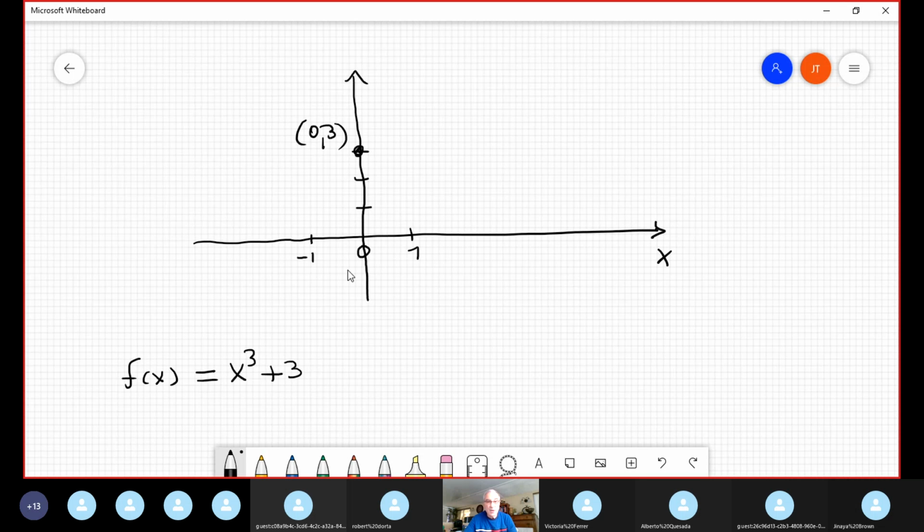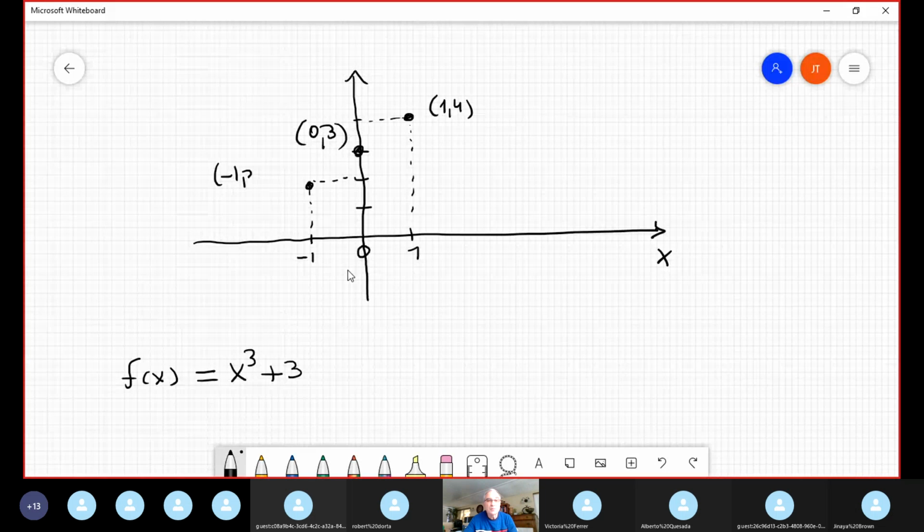And 1 cubed is 1, plus 3 is 4. So (1, 4). And -1 cubed is -1, because when the exponent is odd, the sign stays negative. Plus 3 is 2, so (-1, 2).